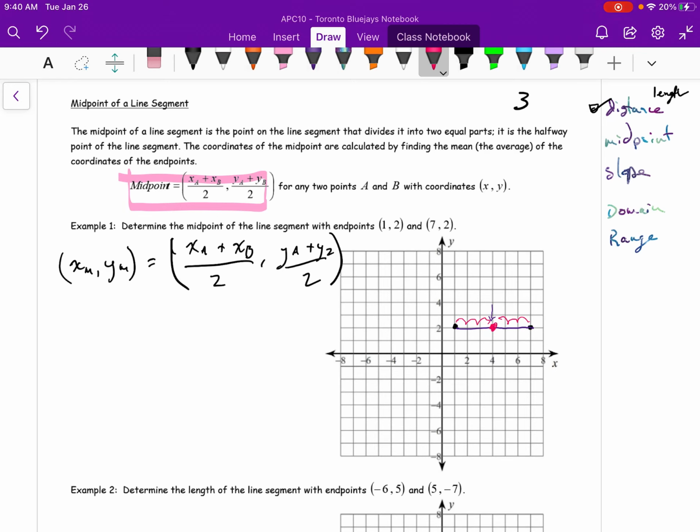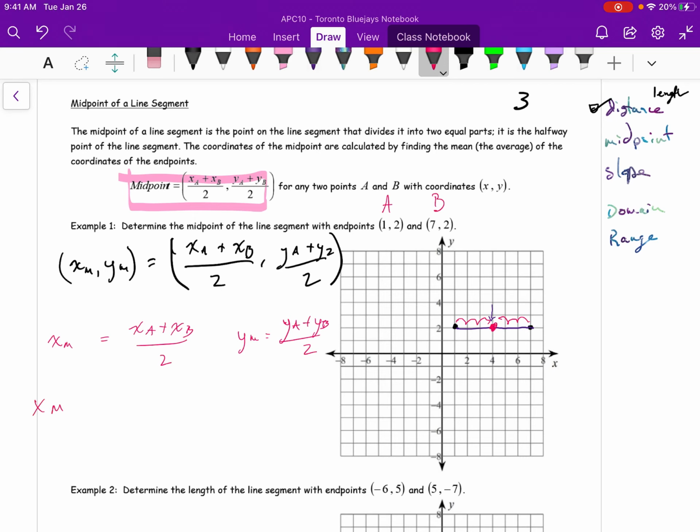Now, if I wish, I could call this A and this B. My coordinates for my midpoint would be, well, how do I get my x coordinate? I'm just going to take XA plus XB divided by 2. My y coordinate for my midpoint is going to be YA plus YB divided by 2.